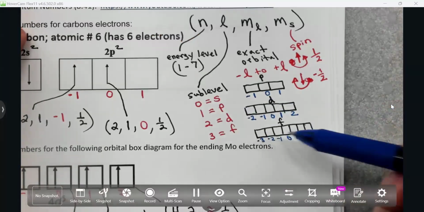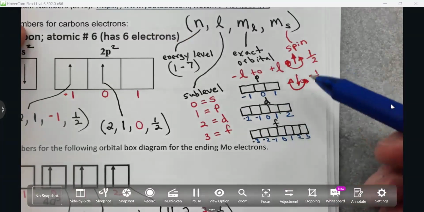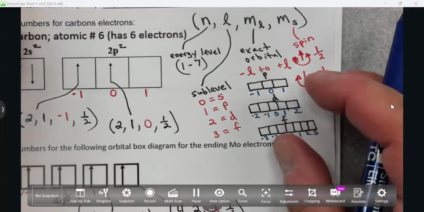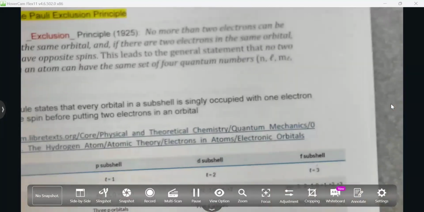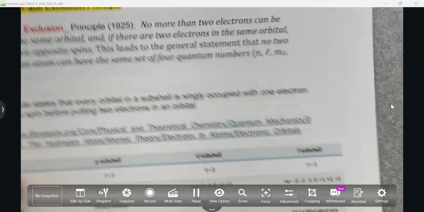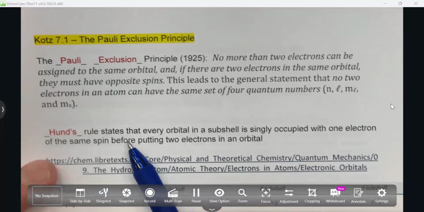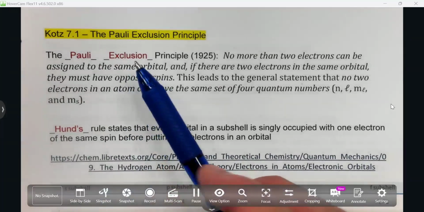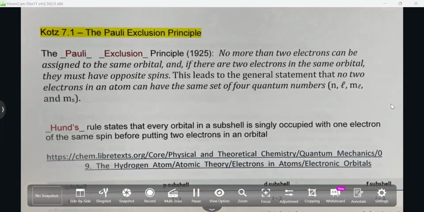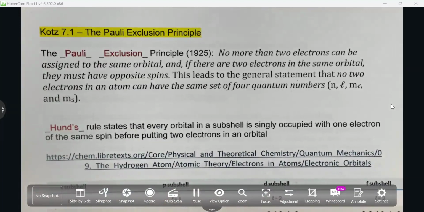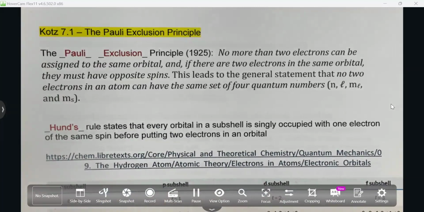So that would tell you the exact orbital, and then we have the spins. Okay. So there's Hund's rule, and then there's the Pauli exclusion principle, which basically says 2 electrons in the same orbital cannot have the same set of 4 quantum numbers, because they have to be spinning the opposite way.